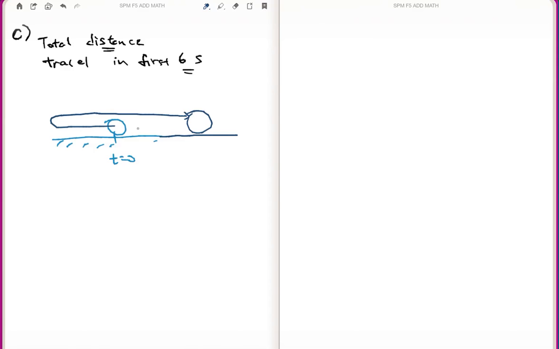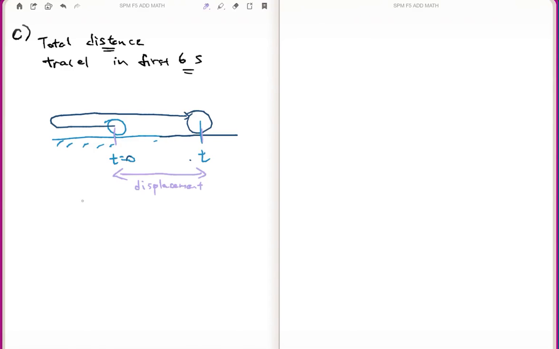This is t0, and this is when time is now t. So displacement is the distance between the object and the origin, how far it is from the origin. So this is displacement.